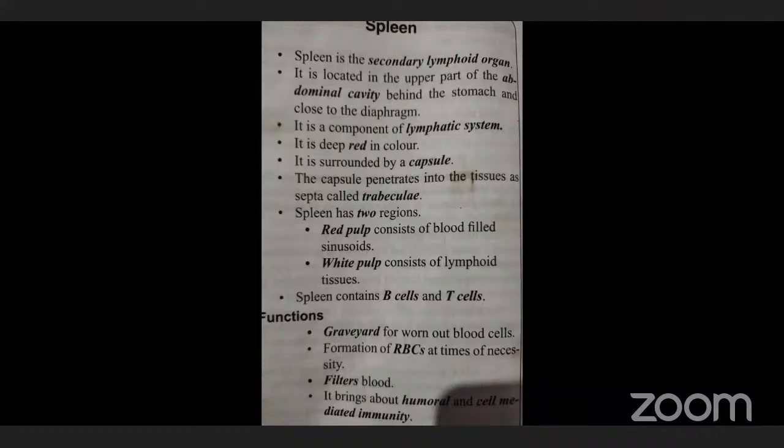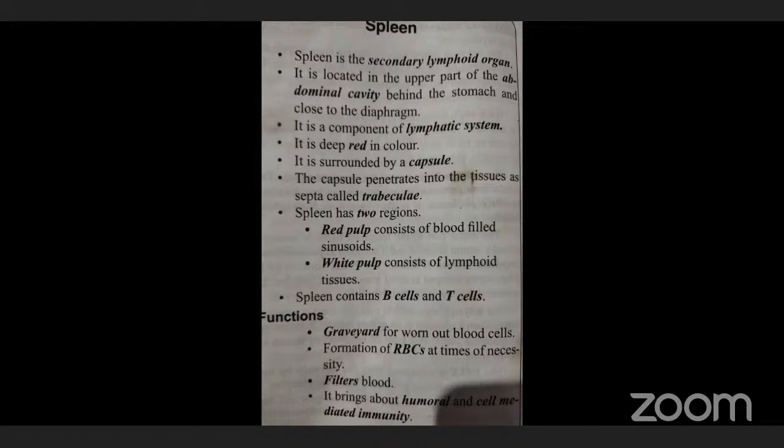It is a solid encapsulated organ located in the upper part of the abdominal cavity, behind the stomach and close to the diaphragm. I think you already studied this in 12th. The spleen is a secondary lymphoid organ, a solid one.